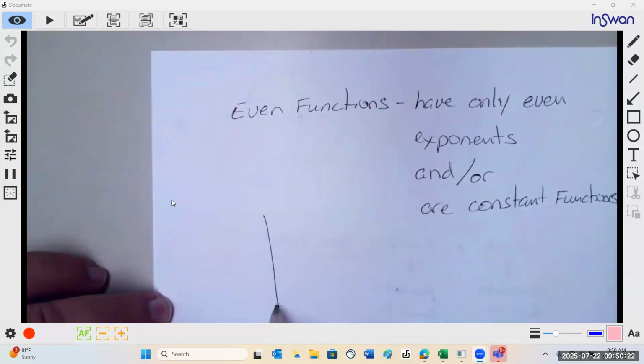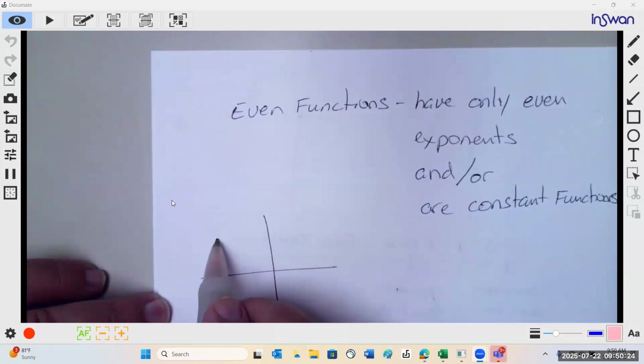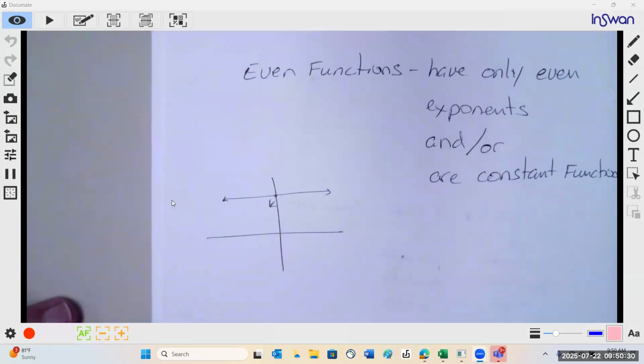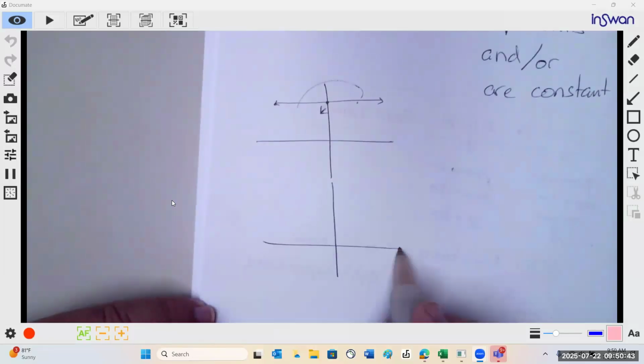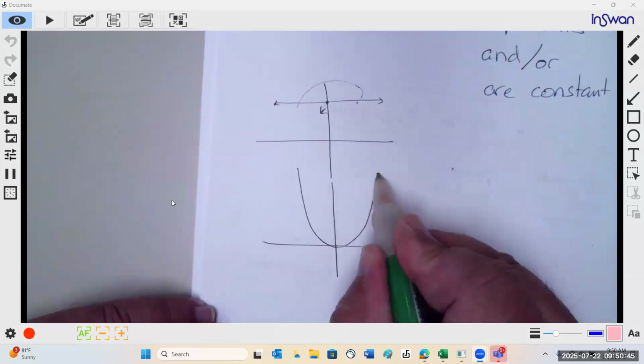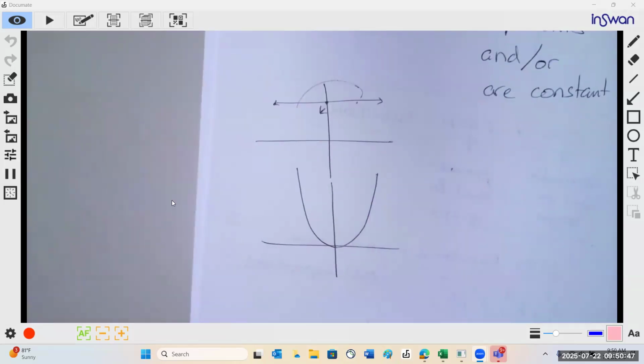For example, a constant function, if it passes through some value k, is that symmetric about the y-axis? By definition, yes. It's just a mirror image. So if it's a constant function, then it's an even function, or if it's even.